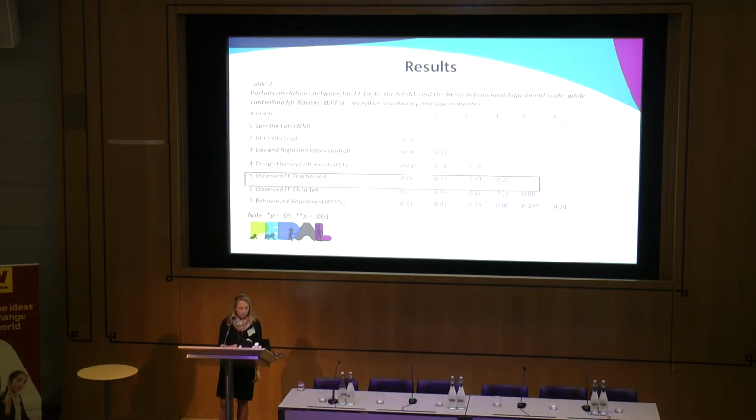If we look at the observed measures, which are basically 5 and 6, we did not find a significant correlation between what we observed in the videos and the lab-based measures, and we found a very low correlation between the teacher-led and the child-led situations. That's quite surprising, and it seems to show that context plays a really important role.